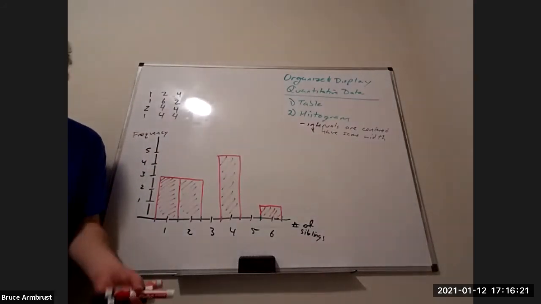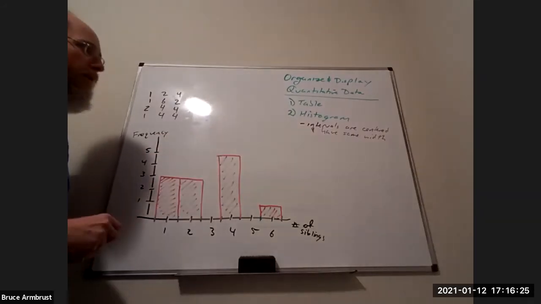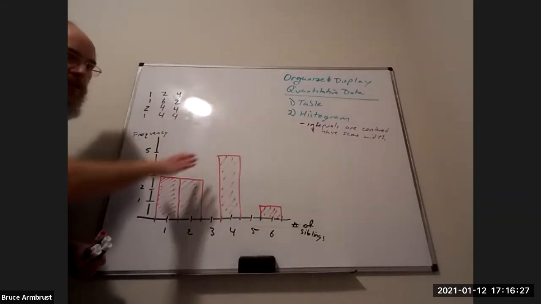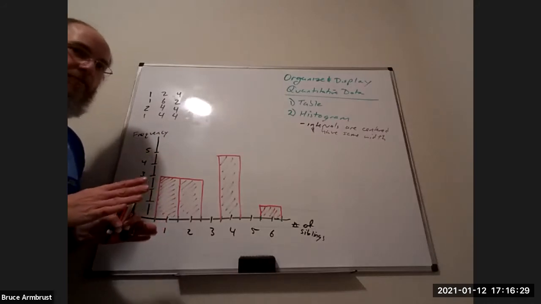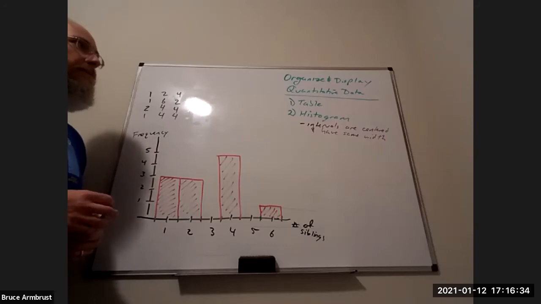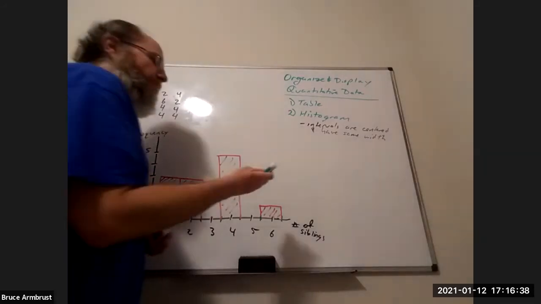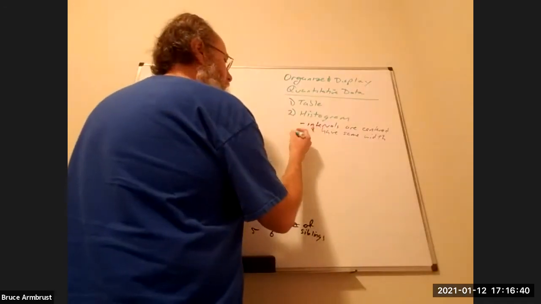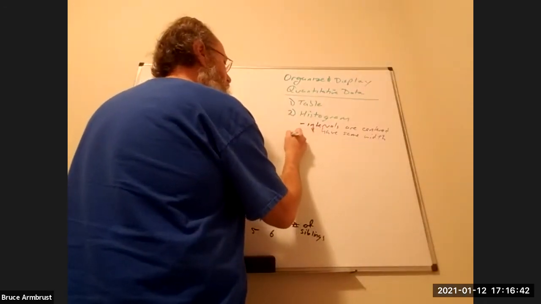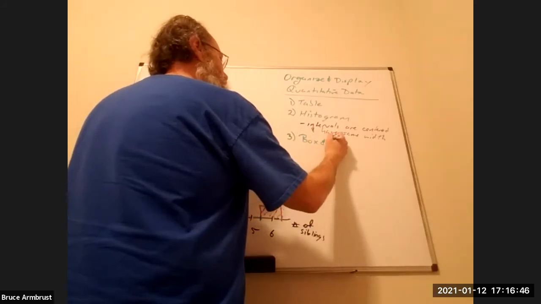All right, so histogram, another big way that we organize and display quantitative data. So these two, very much the same as what we did with the qualitative. So now let's look at some that are specific to quantitative. All right, the next one I want to show you is what we call a box and whisker plot.